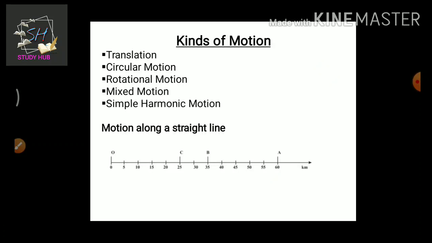That means light travels along a straight line, and this movement of light is known as rectilinear propagation of light, which you learned in class 8. So translation means straight line motion, rectilinear motion or linear motion. Next one is circular motion, and then rotational motion, mixed motion, and simple harmonic motion.